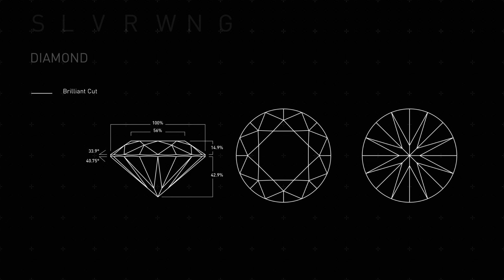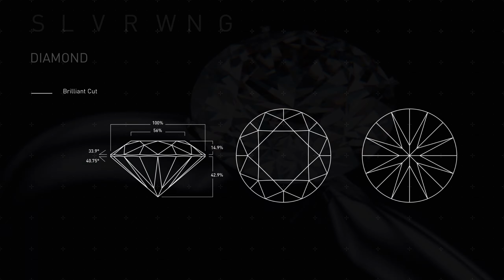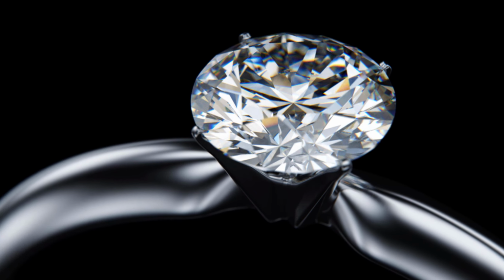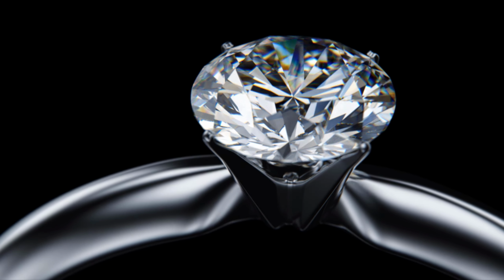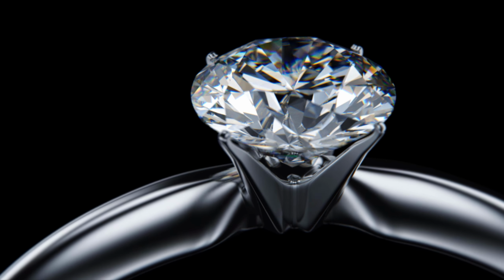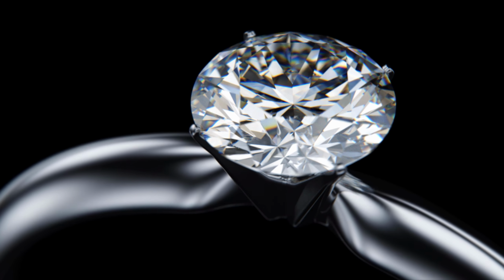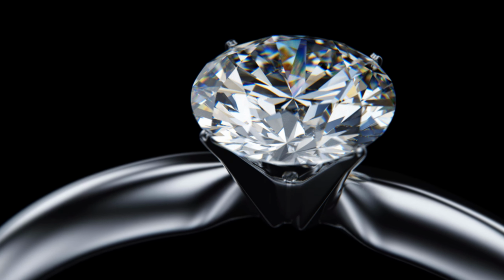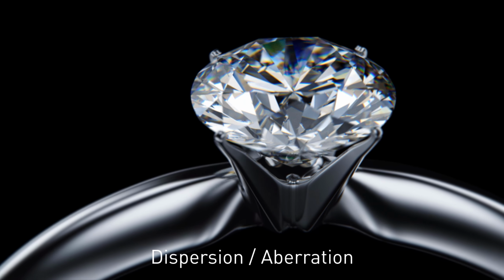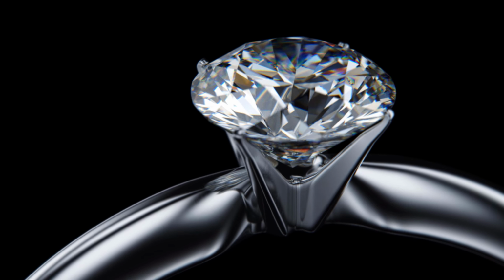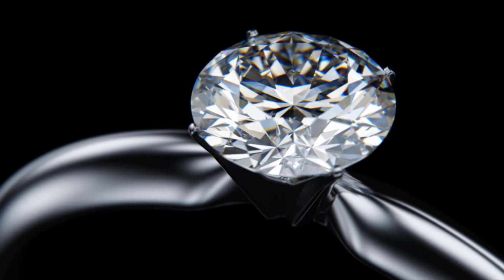With diamonds, we are looking for a nice sparkly gemstone that also has some fire. Fire is the gemstone people speak for the sparkliness in different colors. When we talk about it in 3D terms, we call this dispersion or aberration. And this is basically a fancy prism effect.